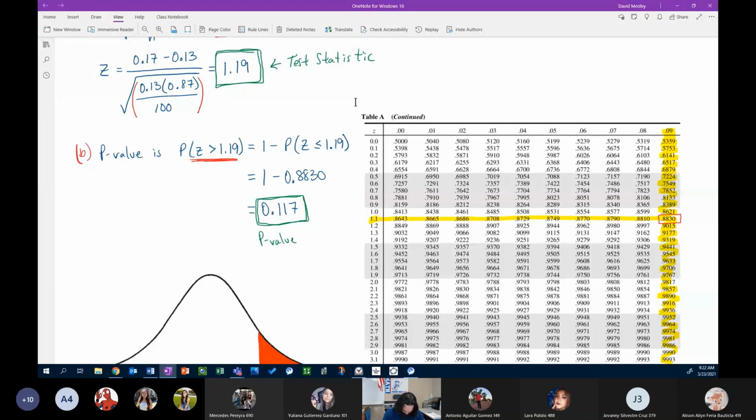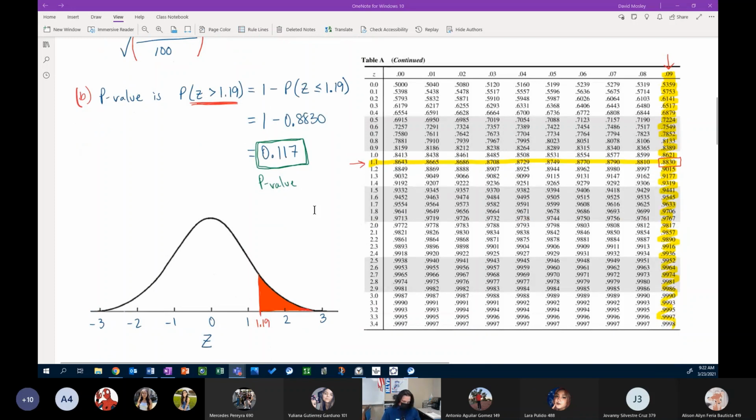And again, that's from finding 1.1 along the left-hand column, and then 0.09, which when we put those together, we get 1.19. Those intersect at 0.8830 on table A. So we subtract that, we get 0.117. That is our p-value.